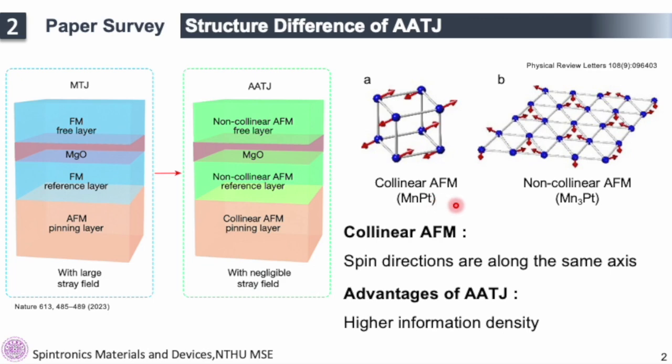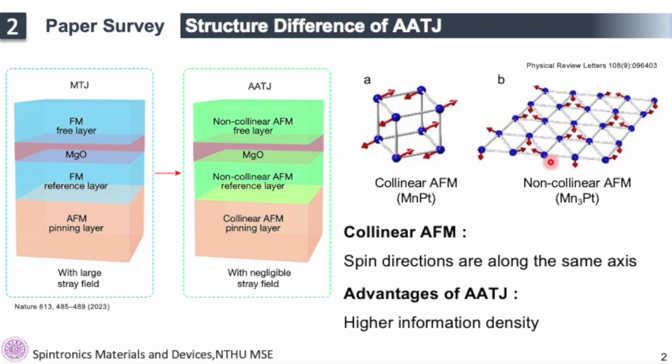If the magnetic moments counteract each other along the z-axis, we call this kind of AFM a collinear one. In contrast, if the magnetic moments offset each other but do not align on the z-axis, it is a non-collinear antiferromagnet. For example, we imagine 3 vectors forming a triangle, and take these 3 vectors as the magnetic moments.